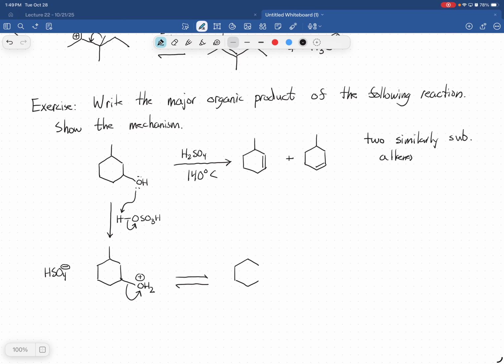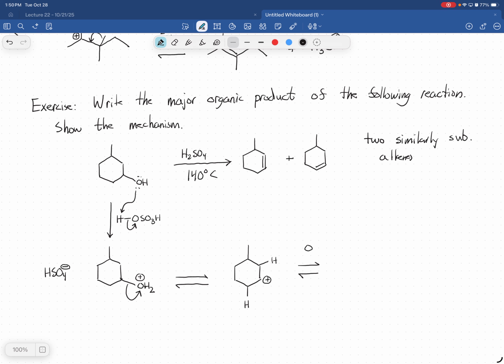And a carbocation can be, we call it quenched, all right? Or it can be reacted away from two positions. So both of these hydrogens have equal probability of being attacked by water. So there's really no clear winner here.